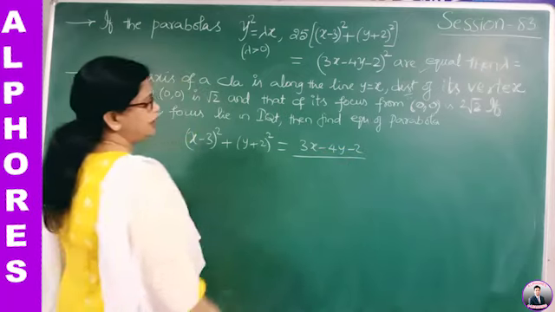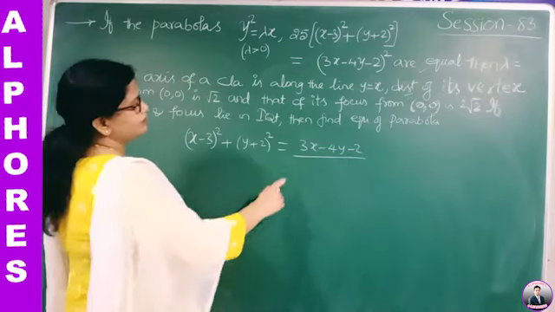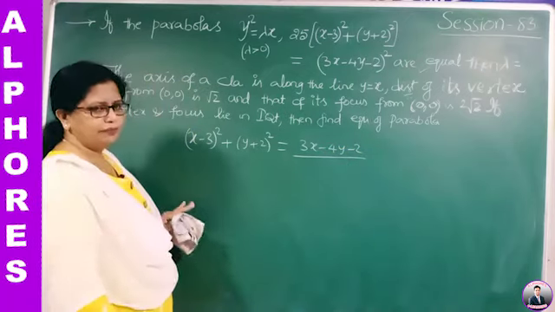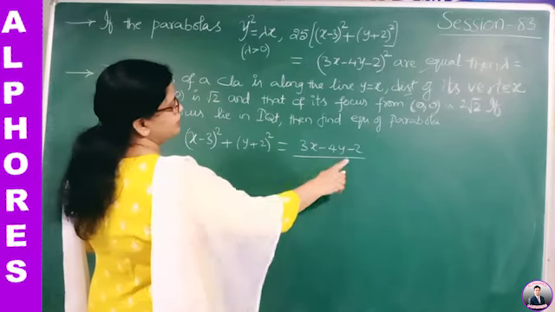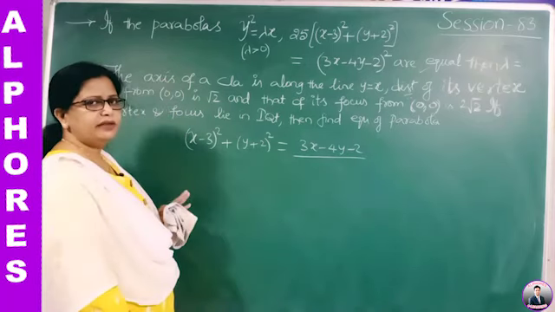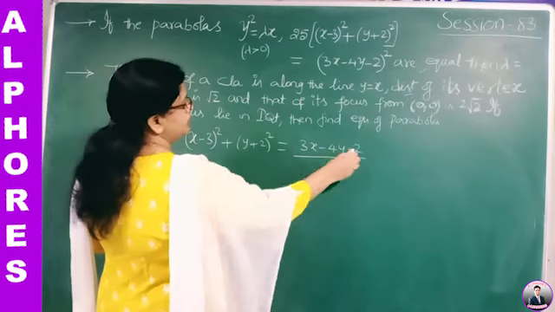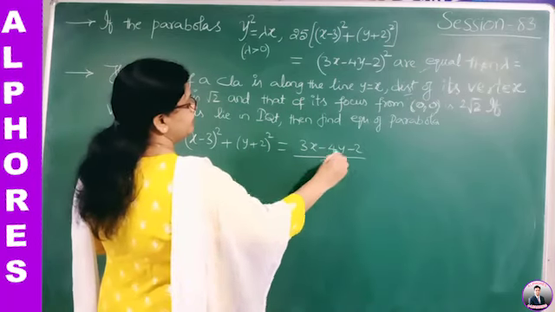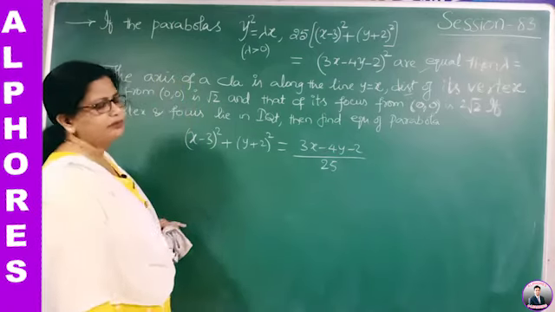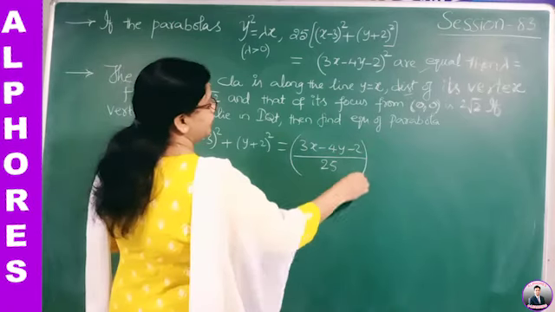The denominator for perpendicular distance we require how much? 5. We require the square root of 3 square plus 4 square, that is root of 25, which is 5. Now this whole square is there, that means this value is 25. So whole square if I write.